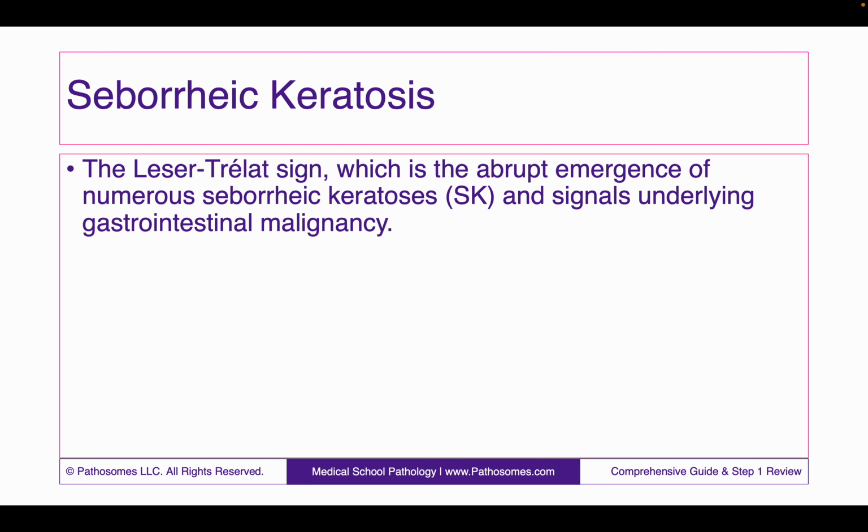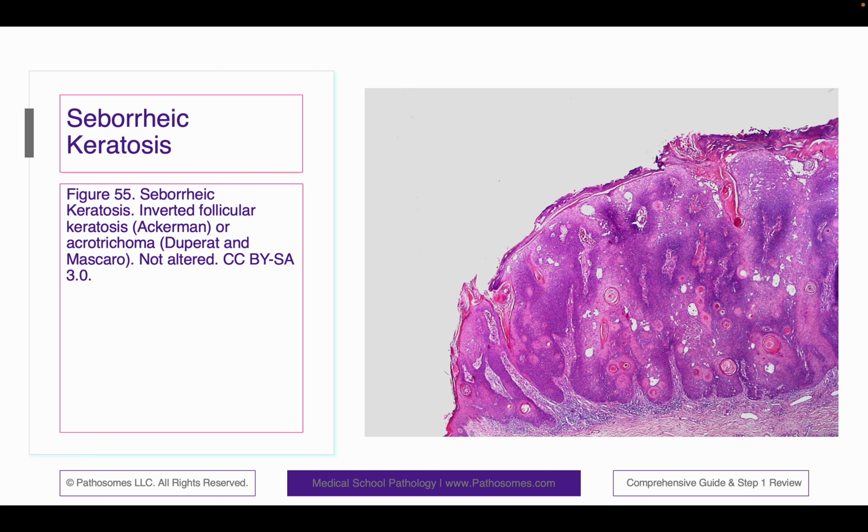Like we saw earlier, the Leser-Trélat sign, which is the abrupt emergence of numerous seborrheic keratoses, signals underlying gastrointestinal malignancy. To the right here, we can see an inverted follicular keratosis.